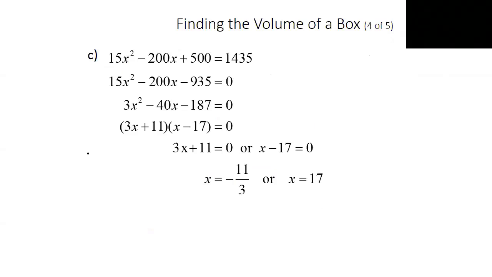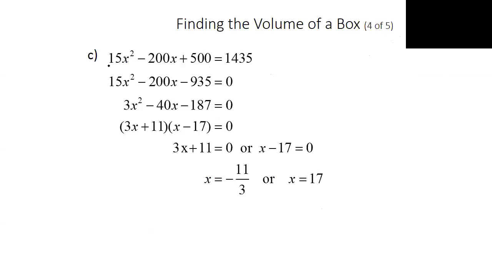So for part C, they're asking, if the specification calls for the volume of such a box to be 1435 cubic inches, what should the dimensions of the original piece of metal be?